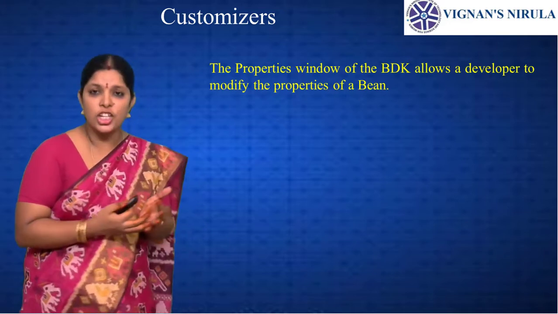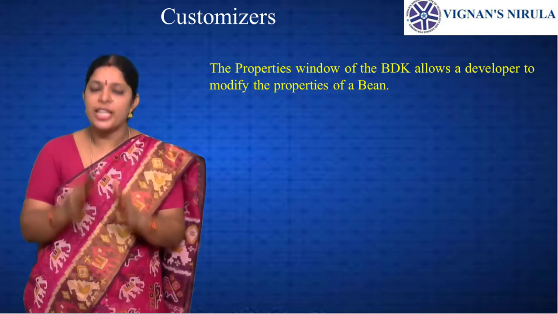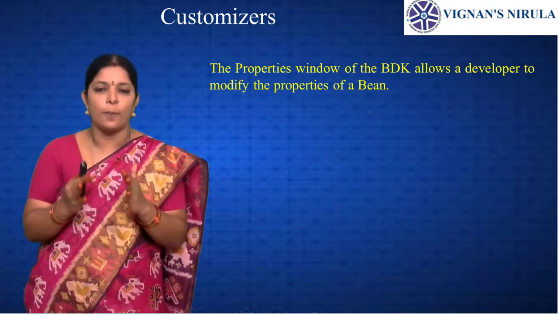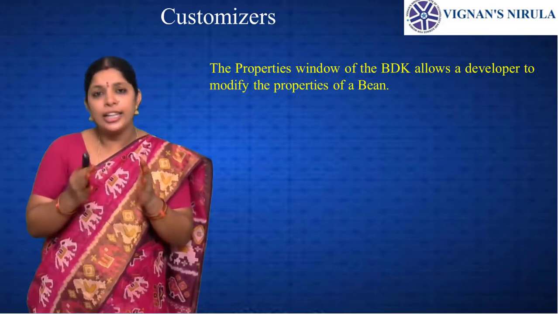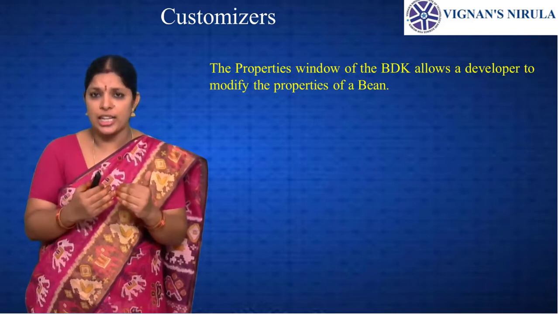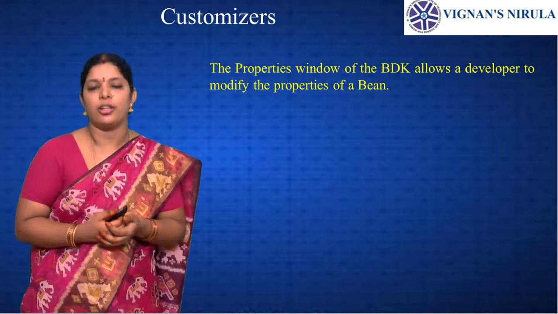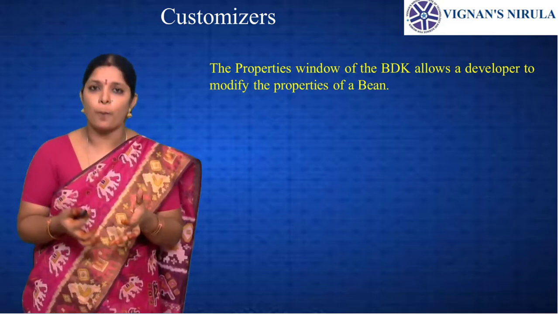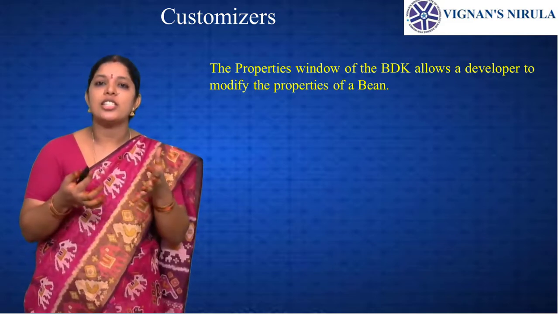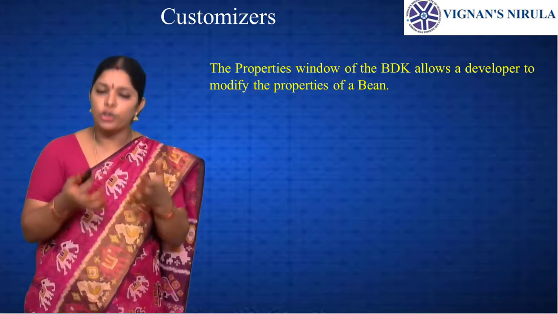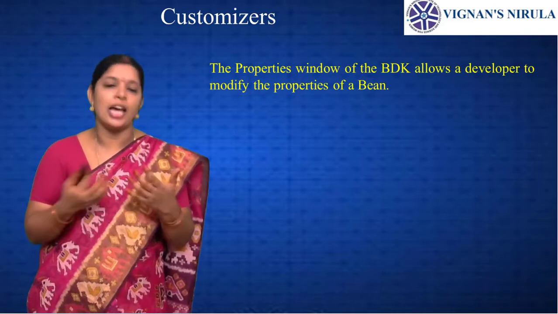The property sheet may not be the best user interface for any complex components, and a customizer can provide a step-by-step wizard guide to use the components in any application.